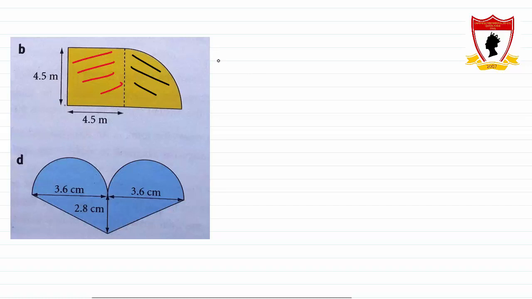The area of the circle is pi times 4.5 square. Pi times 4.5 square is equal to 63.61.